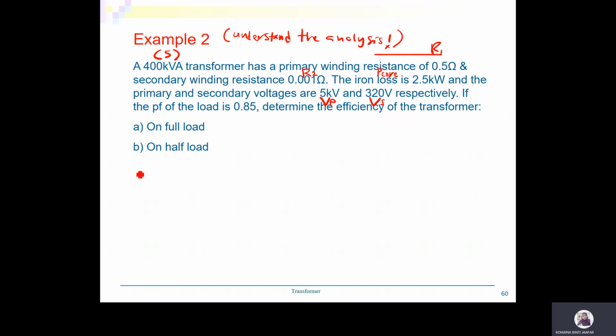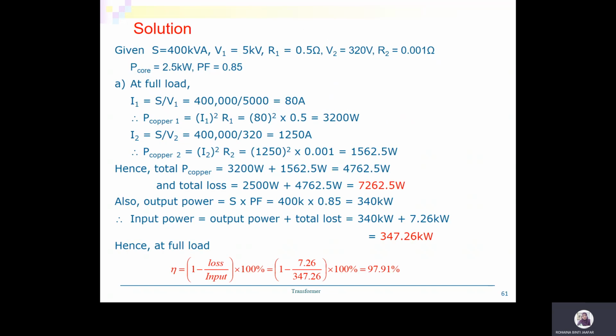Okay, first we calculate the efficiency on full load, part A. So let's see the steps. All the information is given in the question. So at full load, I1 equals S over V1.